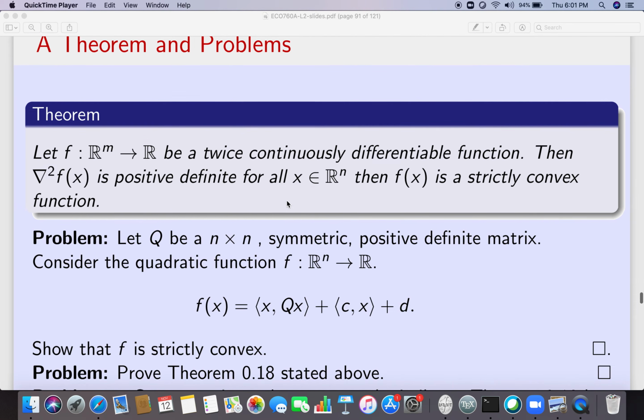So let's go back. I will not prove it. Let's write down what we can say about strict convexity of a higher dimensional twice continuously differentiable function. You can ask why we are talking about twice continuous differentiability, not just twice differentiability. Yes, these results would actually hold if you just write twice differentiability. You can prove that.